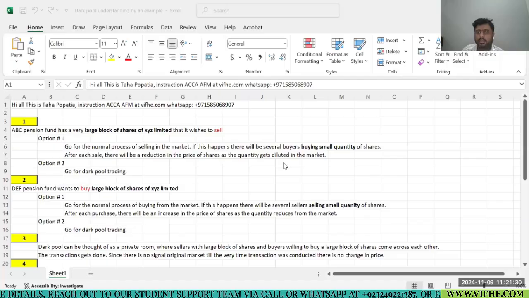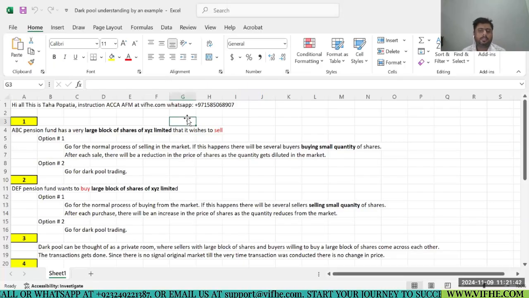Do you guys know what a dark pool trading system is all about? It is part of your theoretical area that I need to discuss now. Again, this file is provided to you and you can access it.